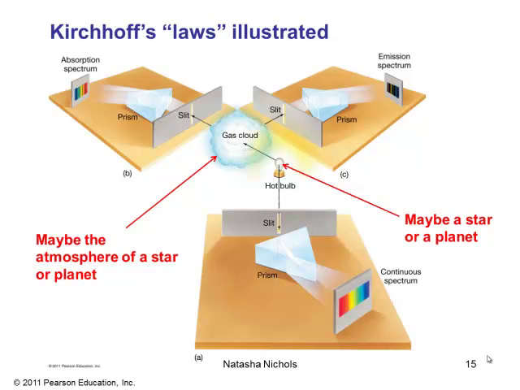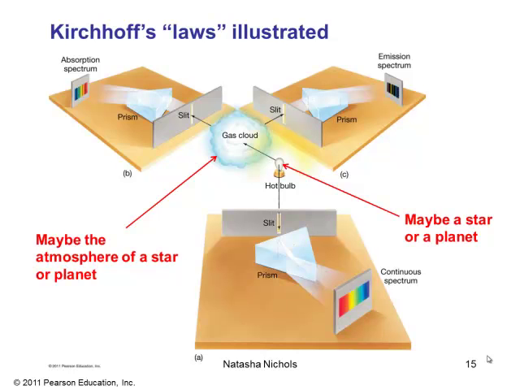Now these lines are formed when the gas absorbs some of the bulb's radiation and re-emits it in random directions. Because most of the re-emitted radiation does not go through the slit, the effect is to remove the absorbed radiation from the light that reaches the screen at the left.